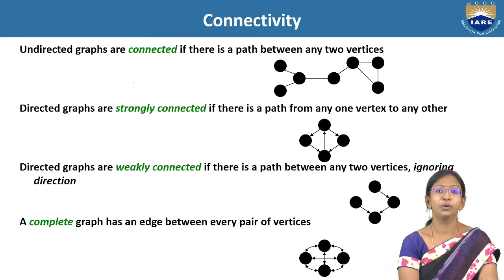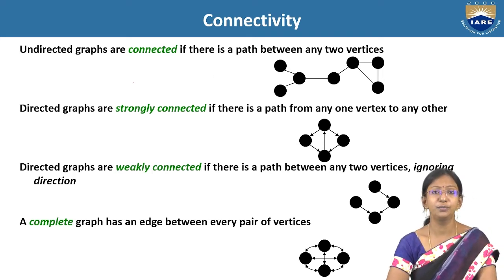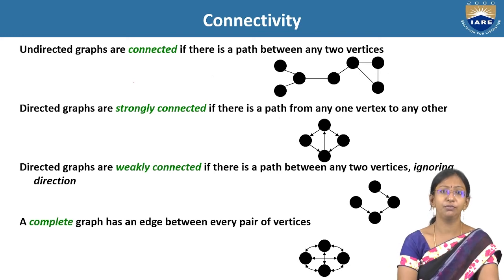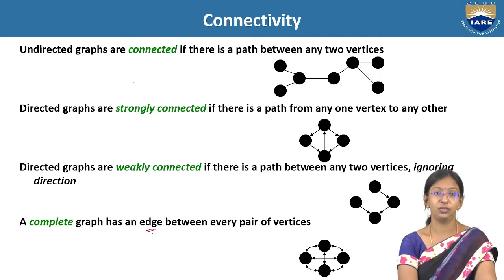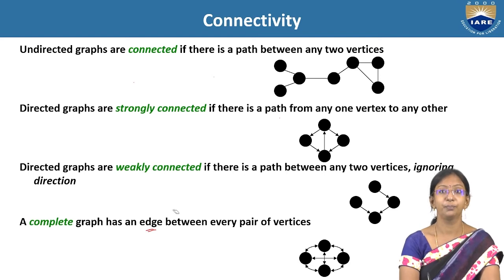Then what do we mean by a complete graph in terms of directed graphs? If there is an edge between every pair of vertices, then it is known as a complete graph. Please remember this point, edges. Here I am not talking about paths, I am talking about edges. Have a look at this picture, my dears.